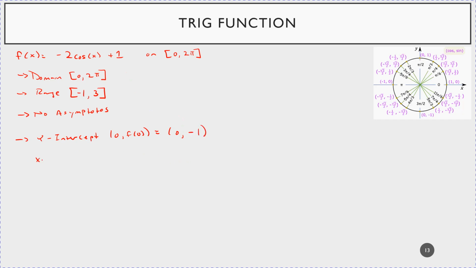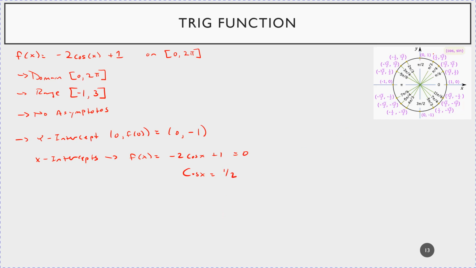All right, now let's find the x-intercepts. So you're looking where f of x, which is equal to minus 2 cosine of x plus 1, where does it equal 0? So subtract the 1 over, but then divide by -2. You're looking, hey, where does cosine of x equal 1/2?